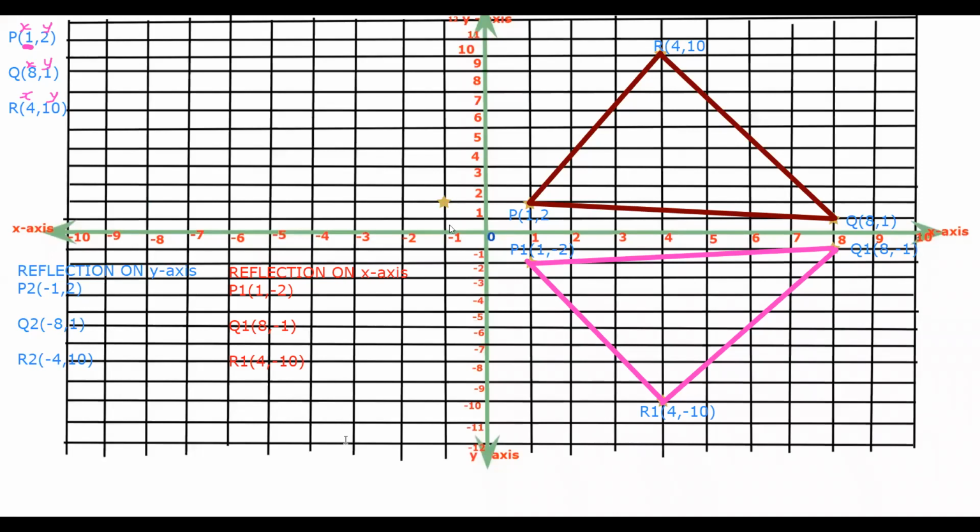Okay, that will be the point P2. Let me write the coordinate here. So that is point P2 formed by -1 and +2. Okay, good.